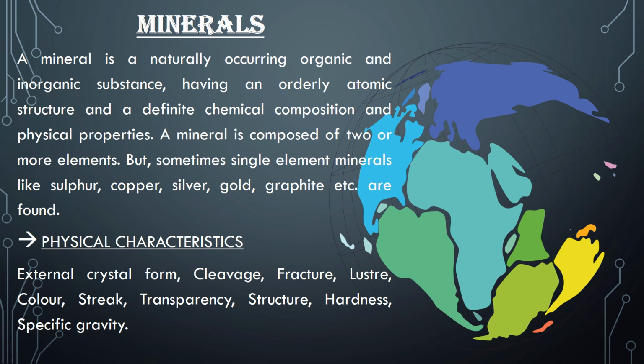Fracture. Internal molecular arrangement is so complex that there are no planes of molecules, so the crystal will break in an irregular manner, not along planes of cleavage. 4. Luster, the appearance of a material. Without regard to color, each mineral has a distinctive luster, like metallic, silky, glossy, etc. 5. Color.